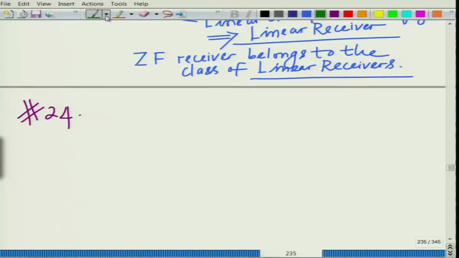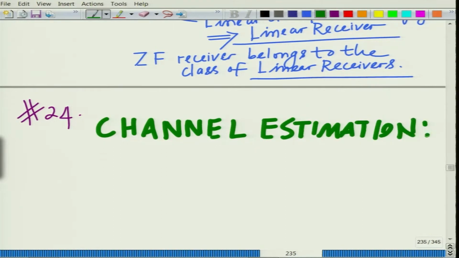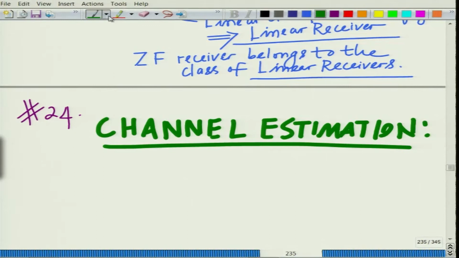Alright, so in a wireless system, another important application of least squares is what is known as channel estimation. You can also think of this as system identification, right. We will in particular look at channel estimation for MISO systems.